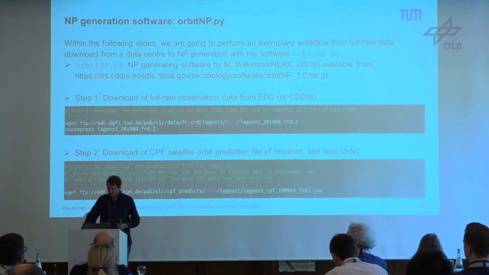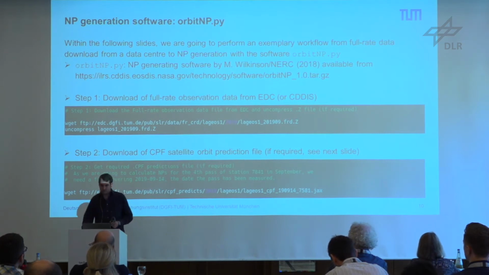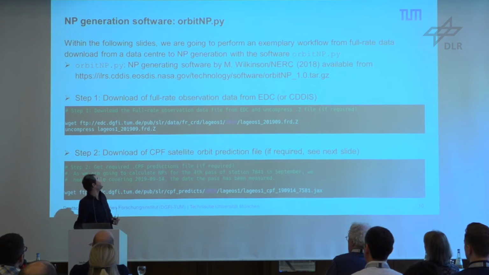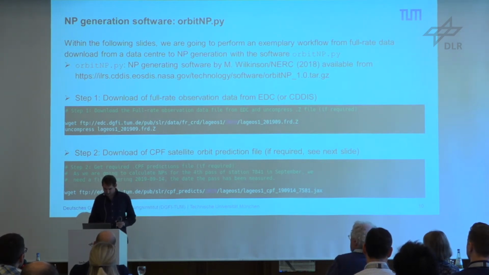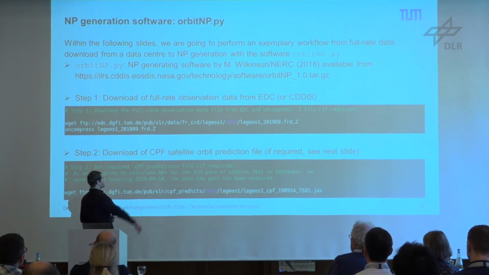I compiled a little script in order to show you an example for this. So the first step is, of course, that we have to download a file containing full rate data from one of the data centers. In my example, I did it from the EUROLAS data center that we operate in Munich. So it's downloaded from the FTP server.